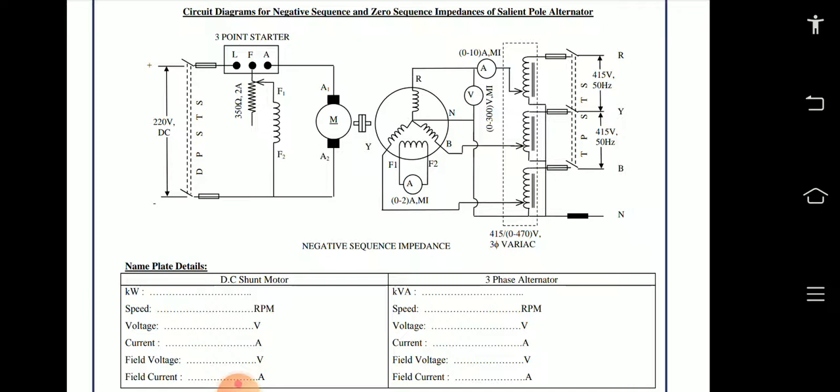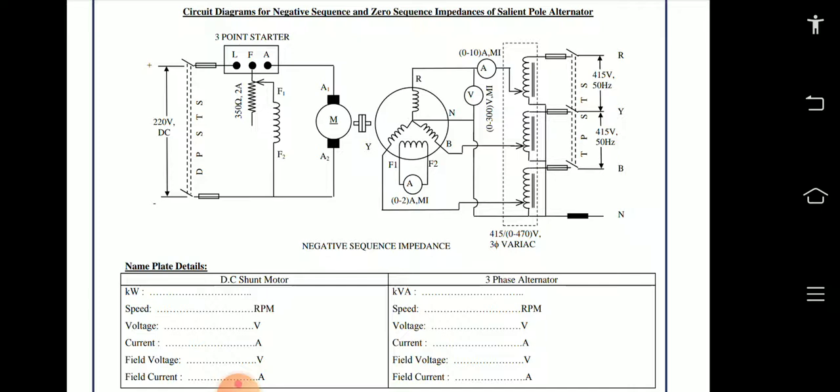Here I am taking the circuit diagram. It consists of two parts, the motor side and the alternator side. The motor side consists of a DC supply and DPST switch, and then in order to start the motor we require a 3-point starter.